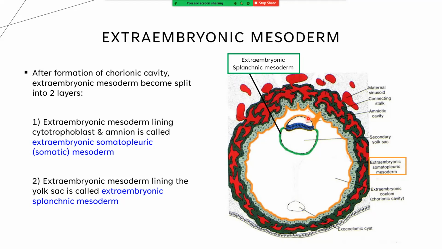The yellow-orange colored line is known as extraembryonic somatic mesoderm. Somatic and splanchnic.